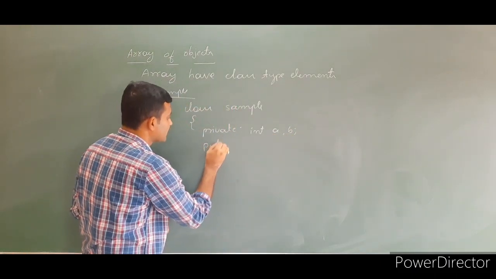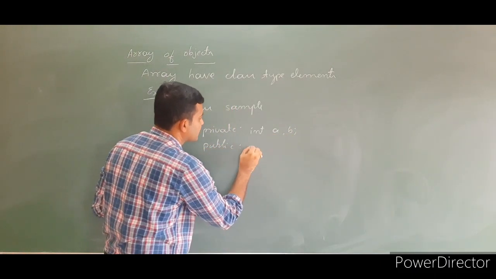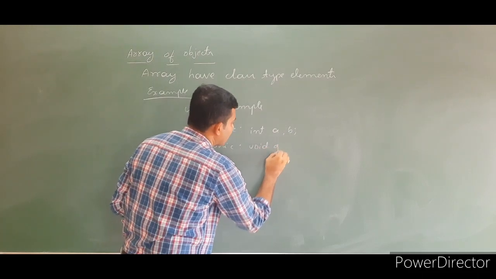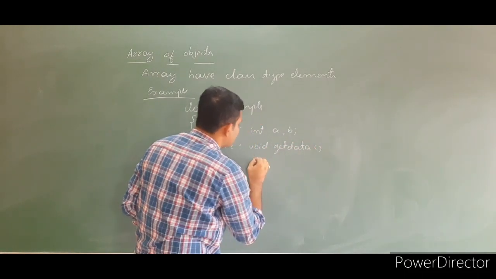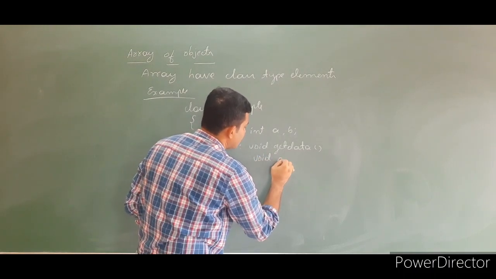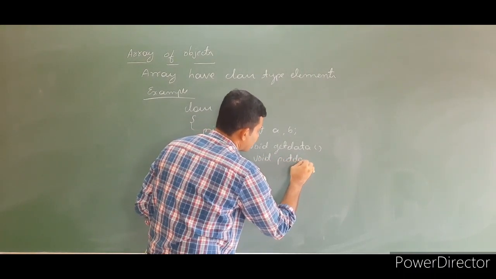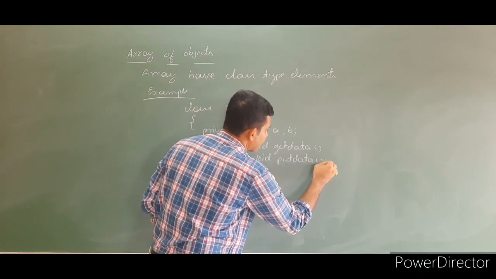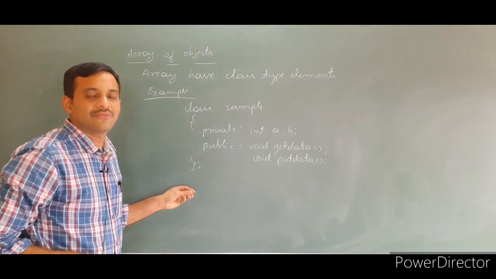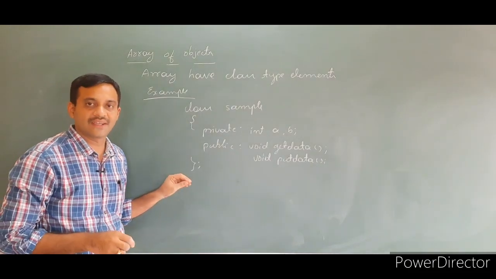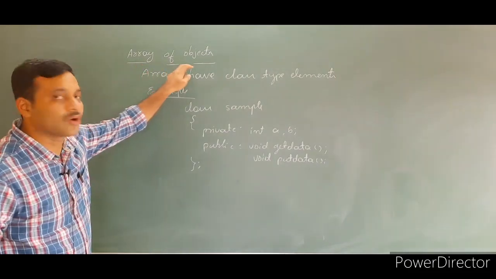Then under the public section, void getdata and void putdata. And close the class definition. This is defining a class.